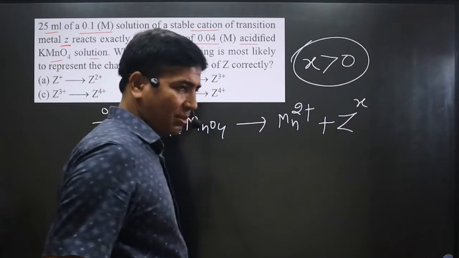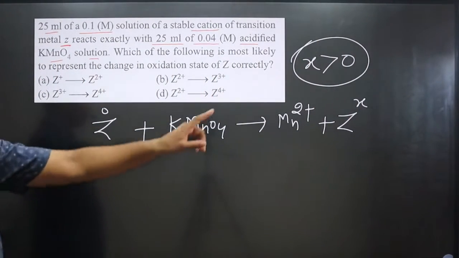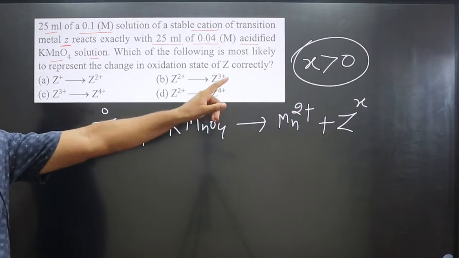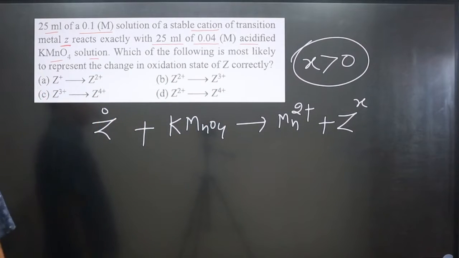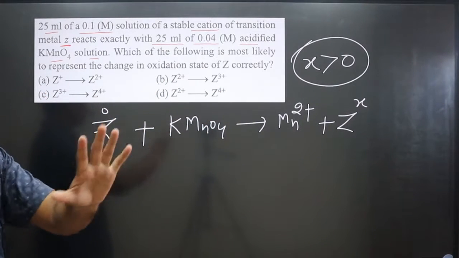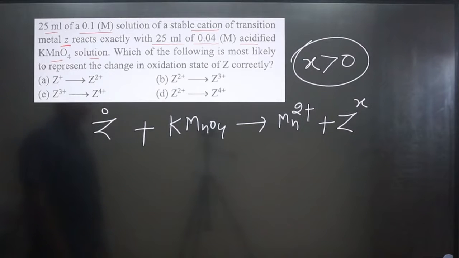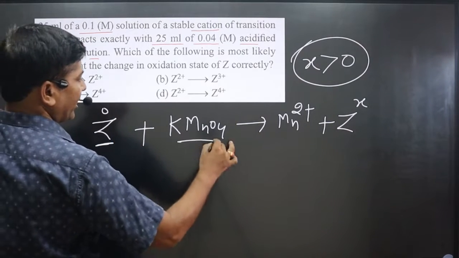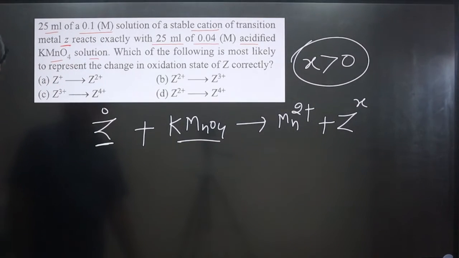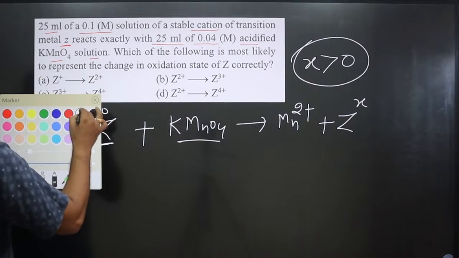Very interesting concept. Whatever the value of X we calculate, it is supposed to be greater than 0, because Z is undergoing oxidation in the presence of a strong oxidizing agent. The data is talking about these two substances, so we can equate their milliequivalents.